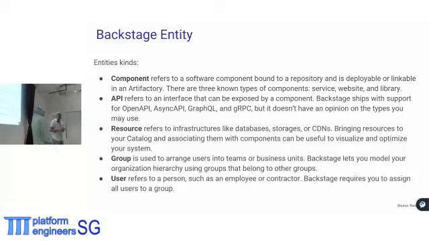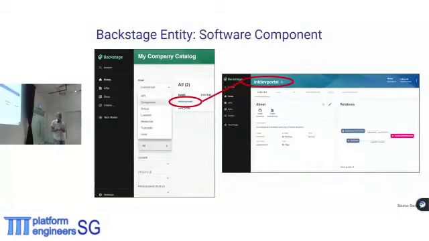So the entities that you have, I think this is a bit busy, but we'll go into the screen in a moment. You can see that for a given component, a software application, you can drill down to that application. You can move to the GitHub repo.